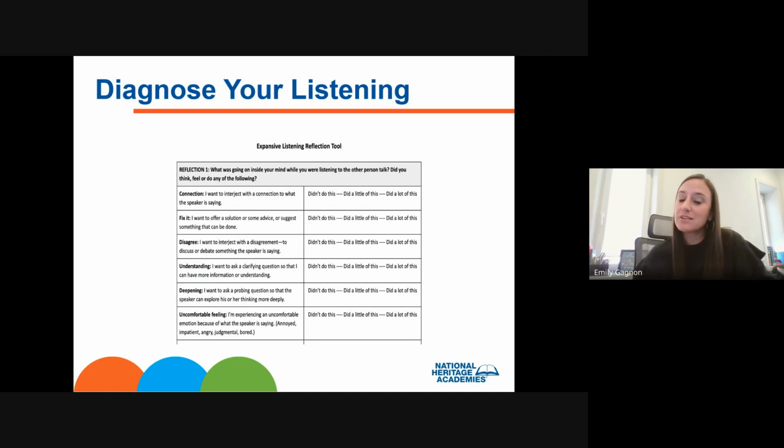And you might find yourself listening at level 1 sometimes, and that's okay. The purpose of this activity is not evaluation, it's diagnosis. Whatever you learn about yourself is neither good nor bad. So you'll likely have some habits that serve you well and some habits that you'd like to change. So this activity will help us figure out what to keep and what to change.